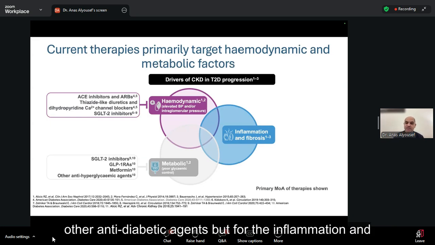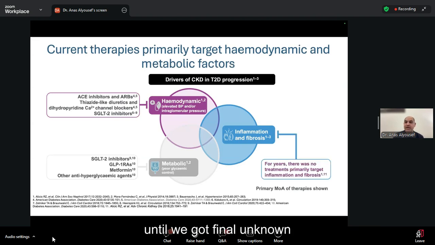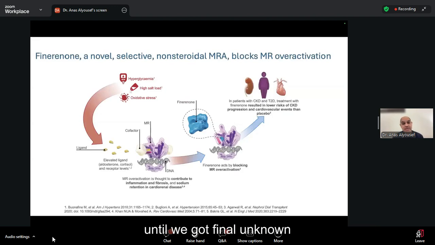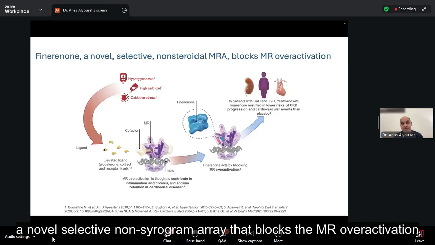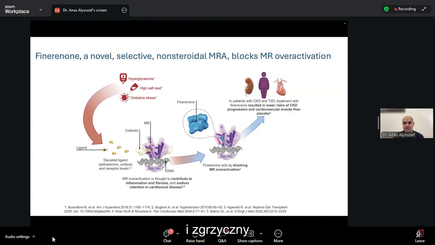But for the inflammation and fibrosis pathway, we were lacking an agent to tackle that, until we got finerenone, which is, as we know, a novel selective non-steroidal MRA that blocks the MR overactivation, which will lead to fibrosis and irreversible kidney damage.